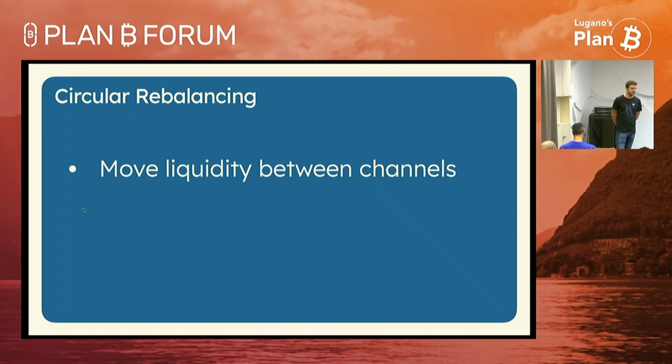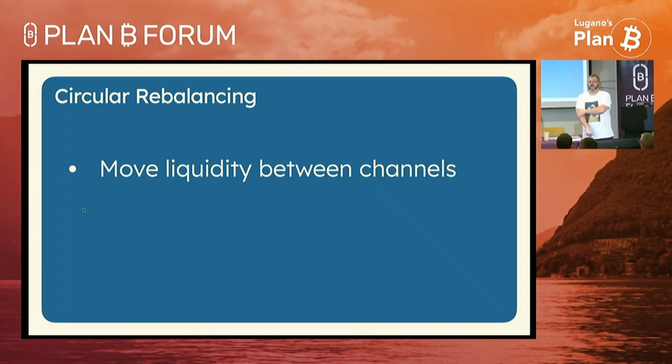Mm-hmm. Yes. I mean, with Lipa we still use this because we have a lot of channels which are very big. We have a very big channel to Async, and if we need more inbound liquidity on another channel, I usually just do a circular rebalancing through this massive channel, and then I get more liquidity on the other side again.